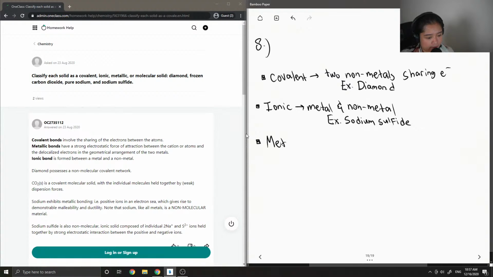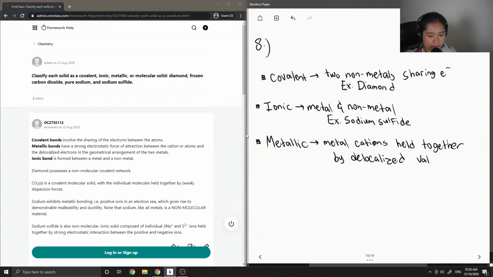Metallic. So metallic solids are when you have metal cations, so positively charged metal ions, held together by delocalized valence electrons.